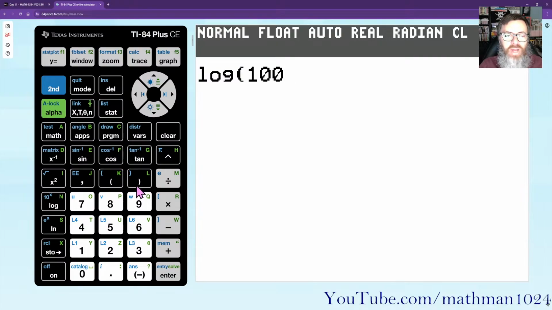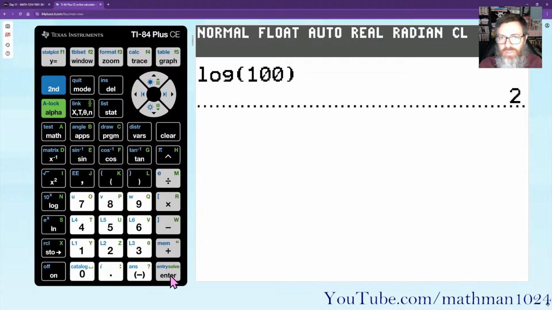Now, for example, if I do the log of 100, we're talking about what power of 10 gives me 100. Of course, 10 squared is 100, and the answer here is 2.